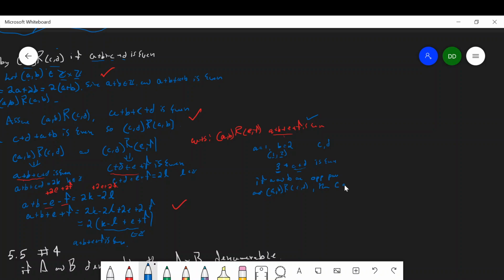And that's very general, right? And the other way around will work too. If C and D are opposite parity, then A and B have to be opposite parity.